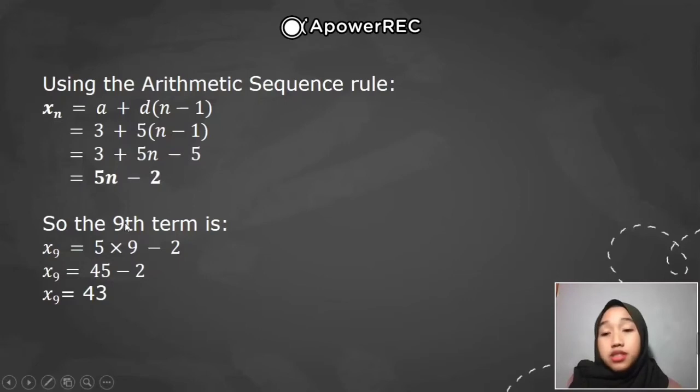So the ninth term is x9 equals 5 times 9 minus 2, x9 equals 45 minus 2, and x9 is 43.